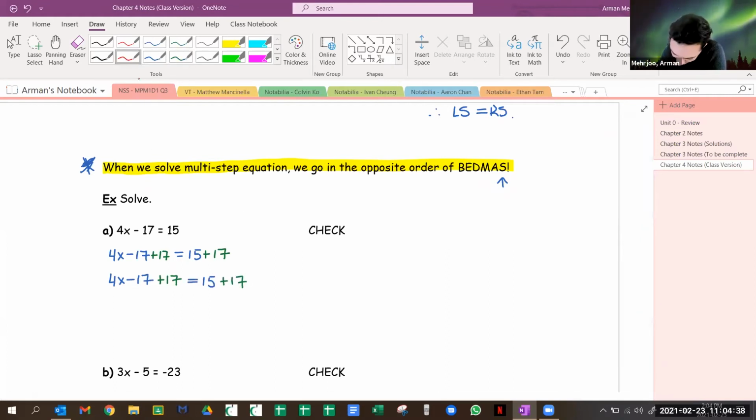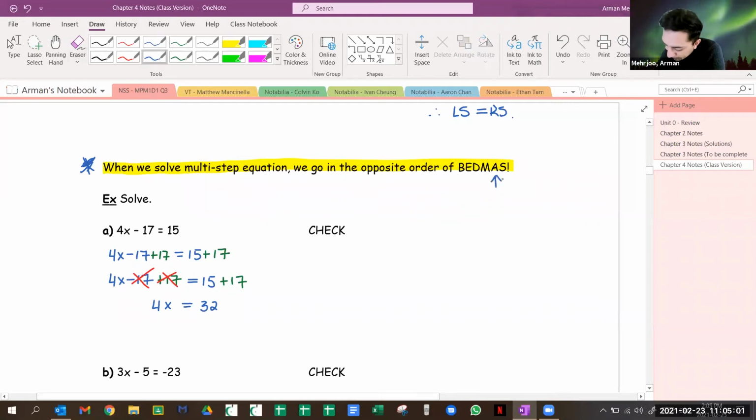What that's going to do is it's actually going to get rid of my 17s from this side, because minus 17 plus 17 is going to cancel off. So I'll get 4x over here, and then 15 plus 17, that's 32, I should say.